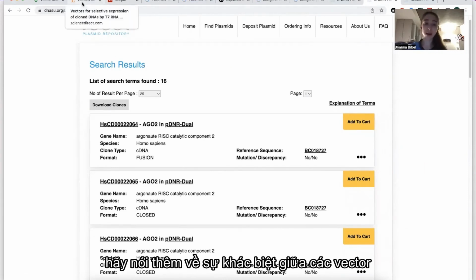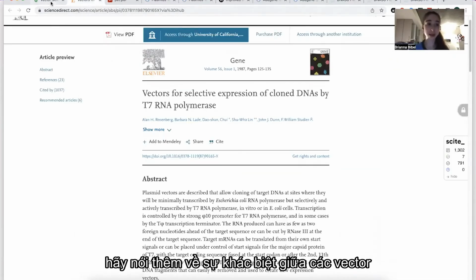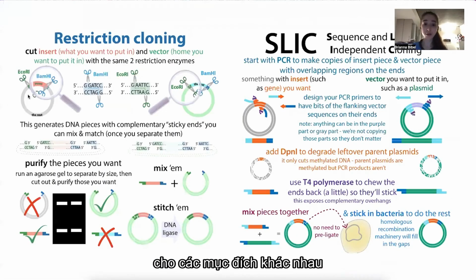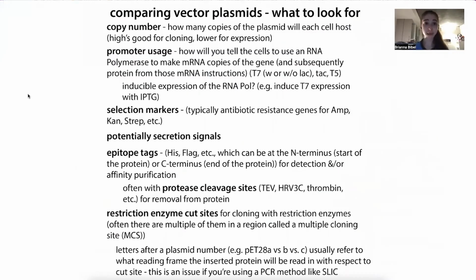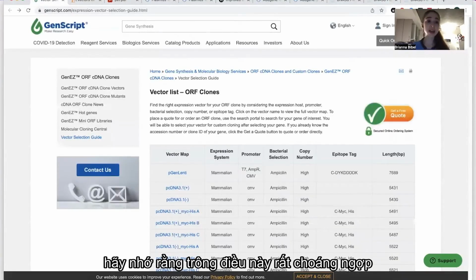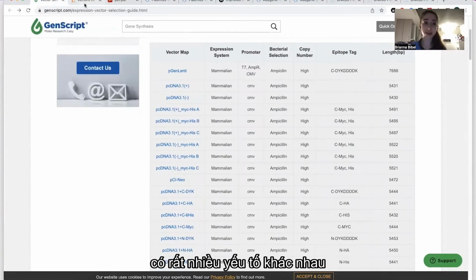So let's talk more about the differences between vectors that you might want to use for various purposes. When it comes to comparing vector plasmids, here are some of the key things to look for. Remember, this looks really overwhelming, there are all of these different things.